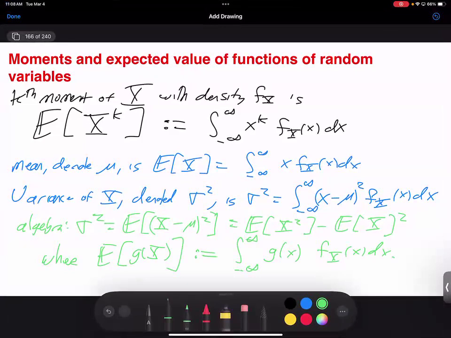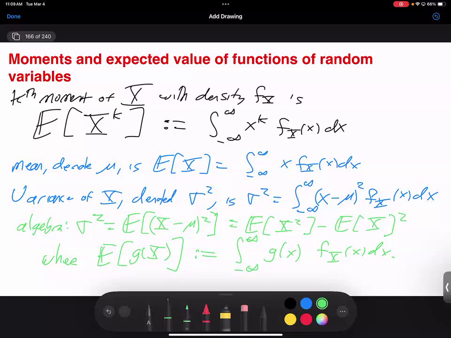So the moments are just very nice: it's taking g of x to be x squared, x cubed, x to the fourth. And the hope is that if I can understand the moments, those really simple choices of g, maybe you can then understand the distribution.